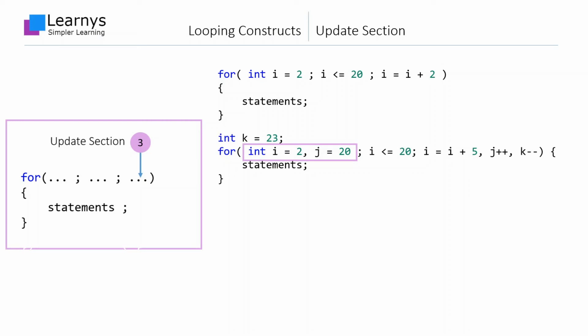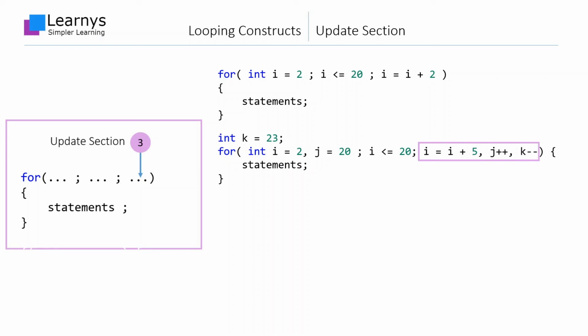In this example, the initializer section declares two variables i and j and initializes them with 2 and 20 respectively. The update section increments i by 5, j by 1 and decrements k by 1. Note that k was not declared in the initializer section, rather it was declared before the loop.